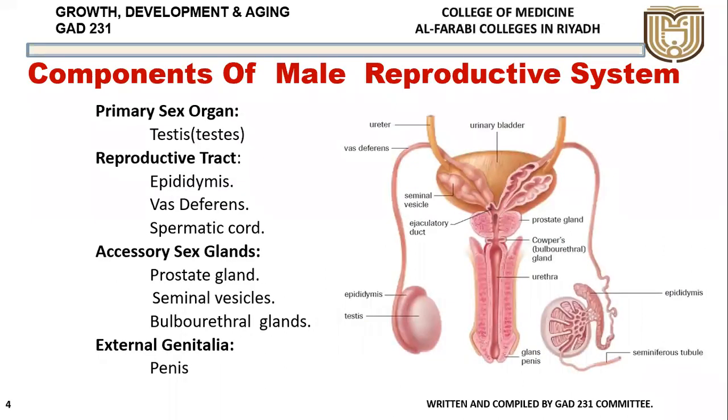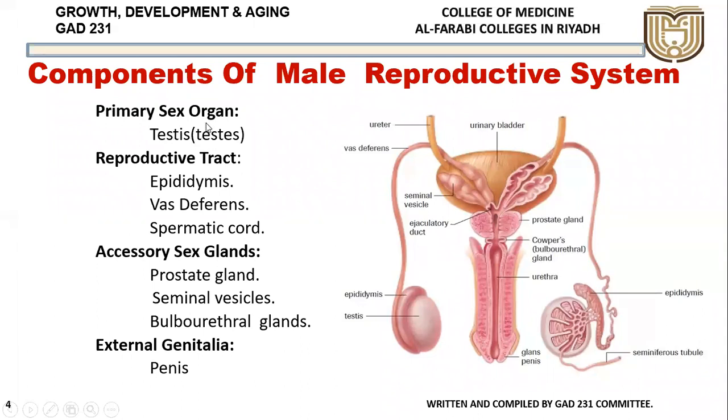So the male reproductive system components will be divided into primary sex organs, then the reproductive tract, then we have the accessory sex glands, and then the external genitalia. So the primary sex organ, the most important organ in case of the male reproductive system, will be the testis.